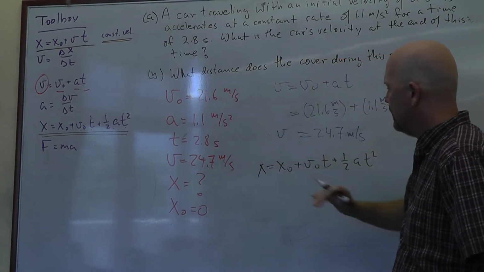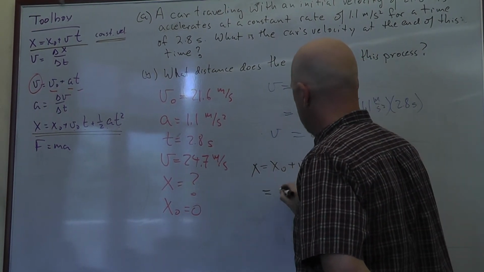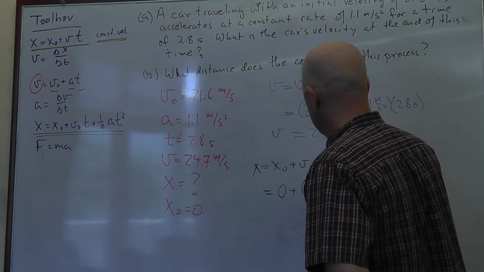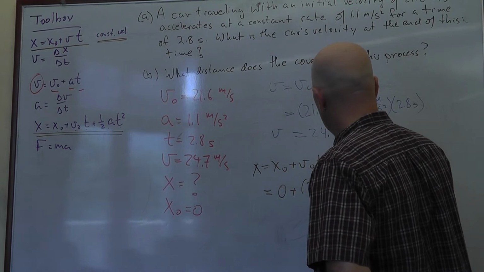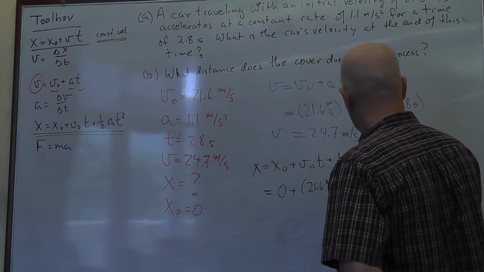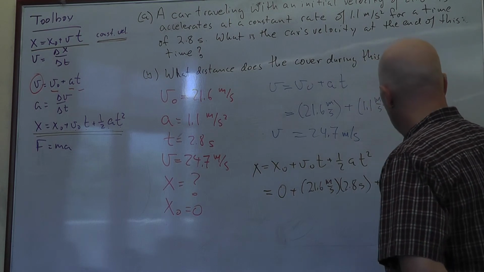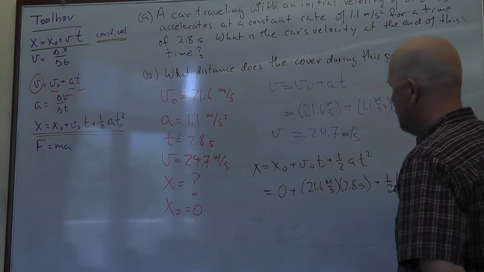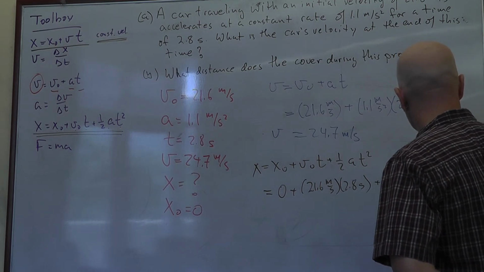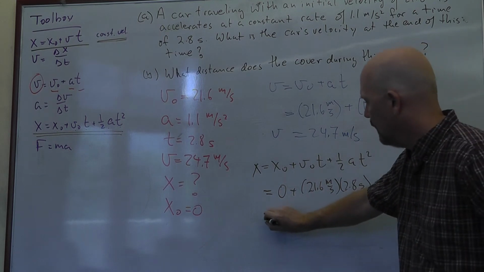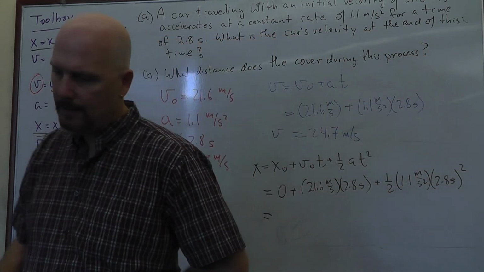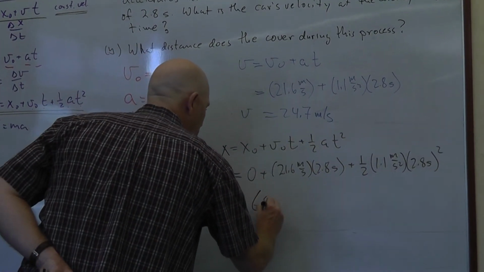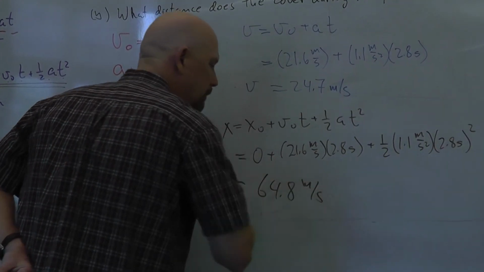And now let's just start substituting in our values. x0 is 0, plus v0, 21.6 meters per second times 2.8 seconds, plus 1/2 times my acceleration, 1.1 meters per second squared, times my time squared, 2.8 seconds squared. Okay, I plug that all into my calculator and turn the crank, and I get 64.8 meters.